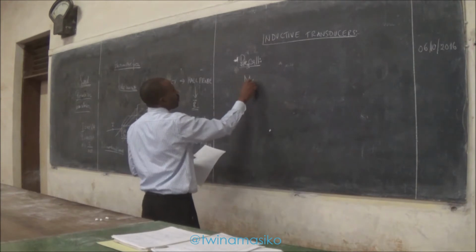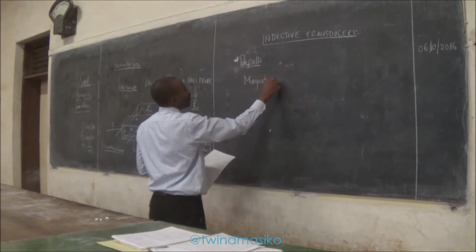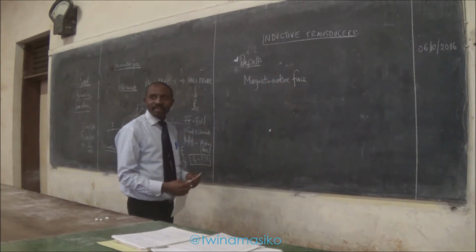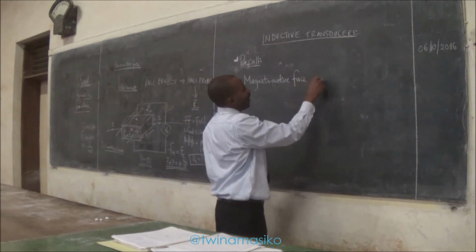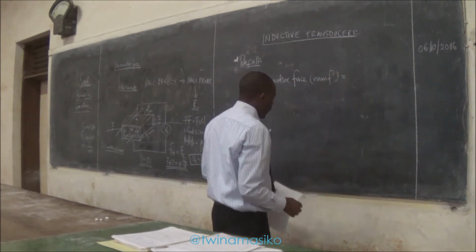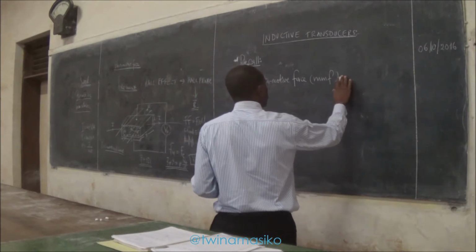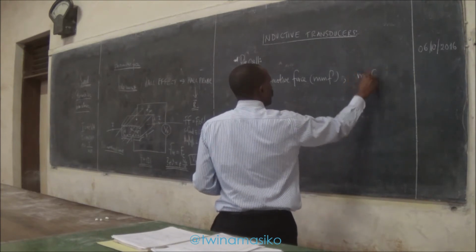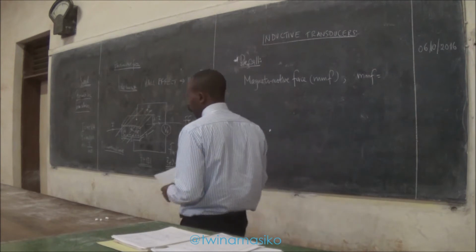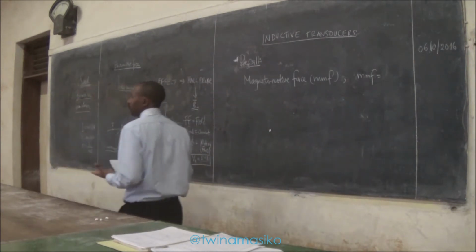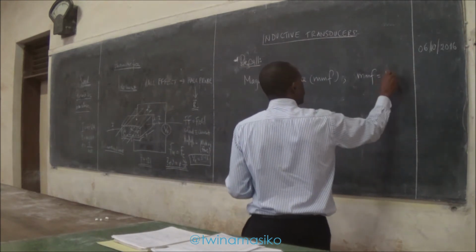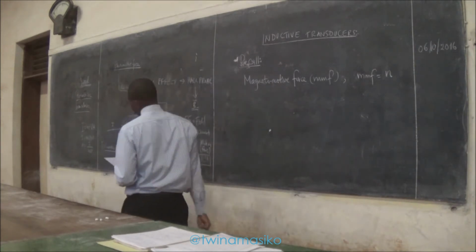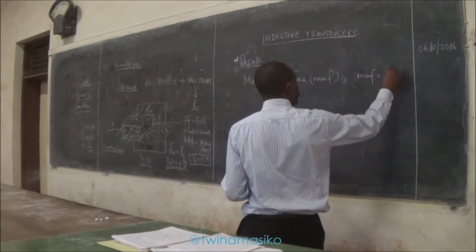So the magnetomotive force, which we can abbreviate as MMF, is equal to the number of turns, if we are looking at a given coil, the number of turns times the current I. I'll use small i for this purpose, for understanding this part. So this is I.